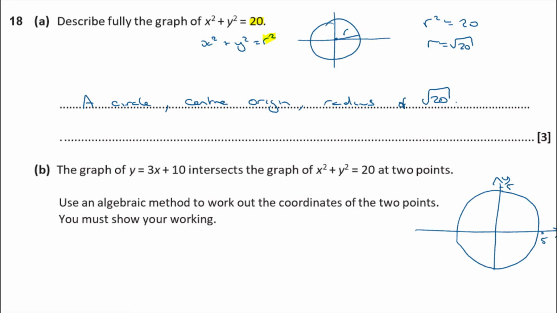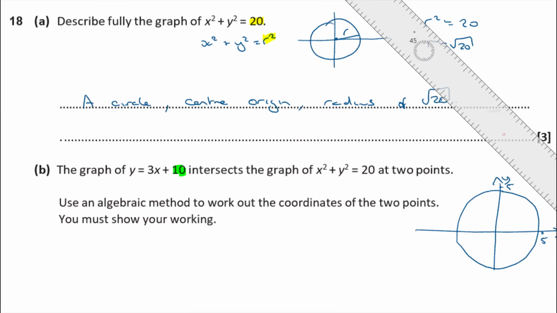And then I've got the line y equals 3x plus 10. This has got a y-intercept of 10, so it's going to be passing a bit higher up on my graph. It's going to be up here, isn't it? So if that's 5, then it's going to intersect like that, and it's going to be quite steep. It's going to have a gradient of 3.